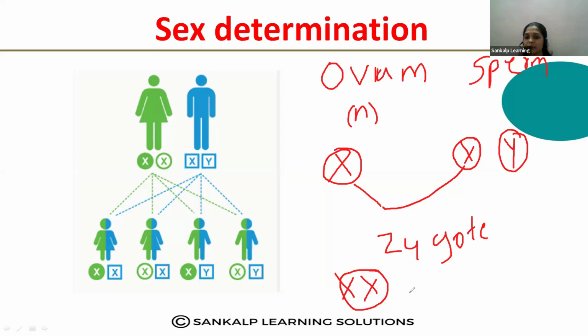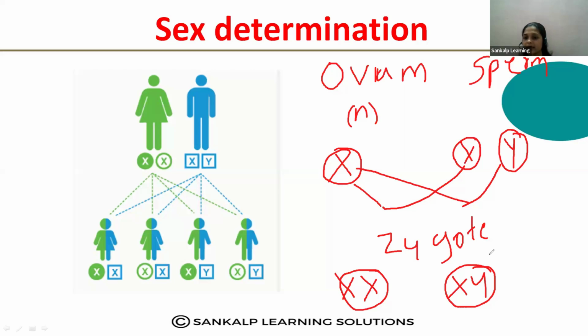Then, the ovum always contains the X chromosome, so when this ovum fuses with the sperm that contains the Y chromosome, the zygote contains the XY chromosome.